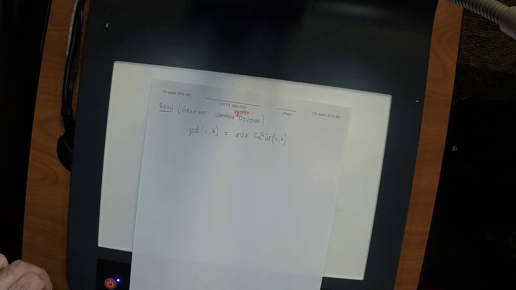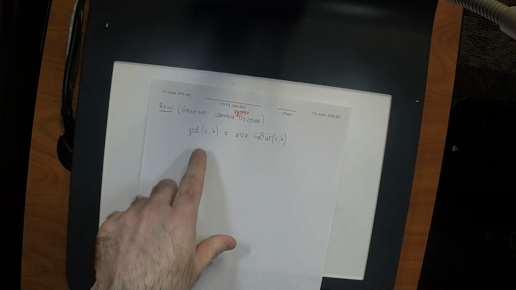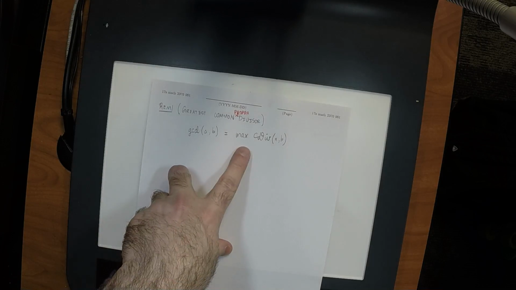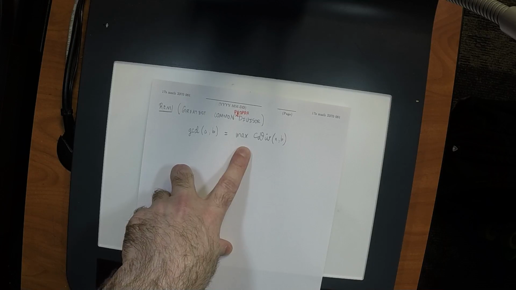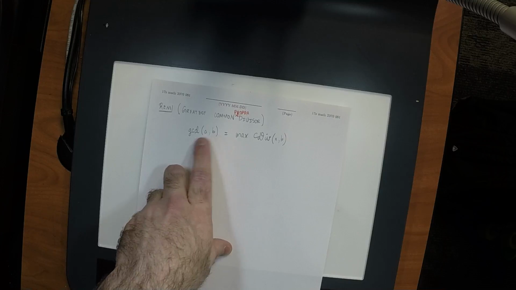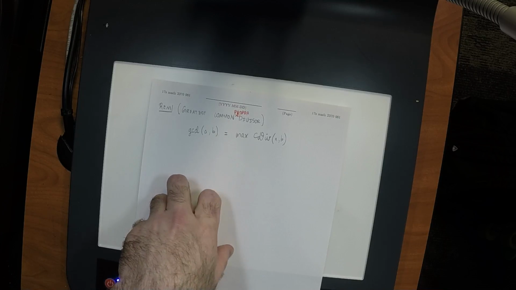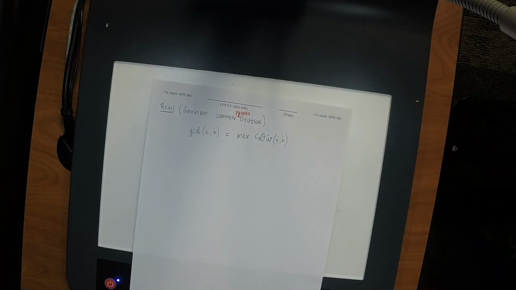Because if the set of common divisors is empty, then this is not a well-defined function. So is the set of common divisors empty? No, it's not. Because on the previous page, we carefully said that 1 is always among the common divisors. So that means that this is well-defined.